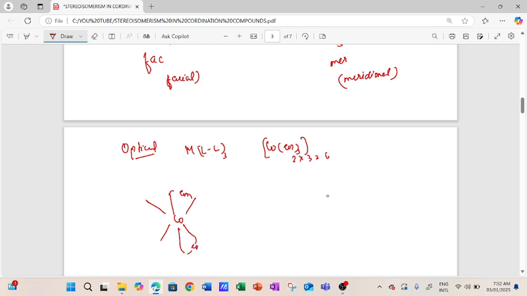Similarly, the next 2 corners and write 1 en. The last 2 corners and write 1 en. This is dextro. And now you take the mirror image. The left and right sides of the species will be different, changing the position like this. So both the isomers are non-identical or non-superimposable mirror images. Because of that, it is optically active.